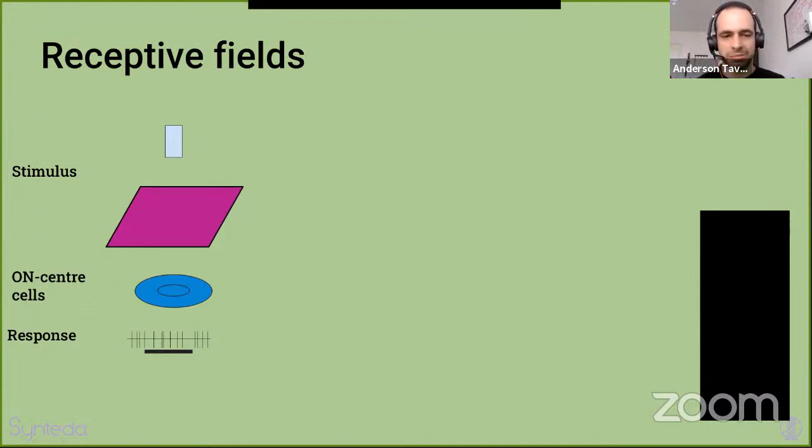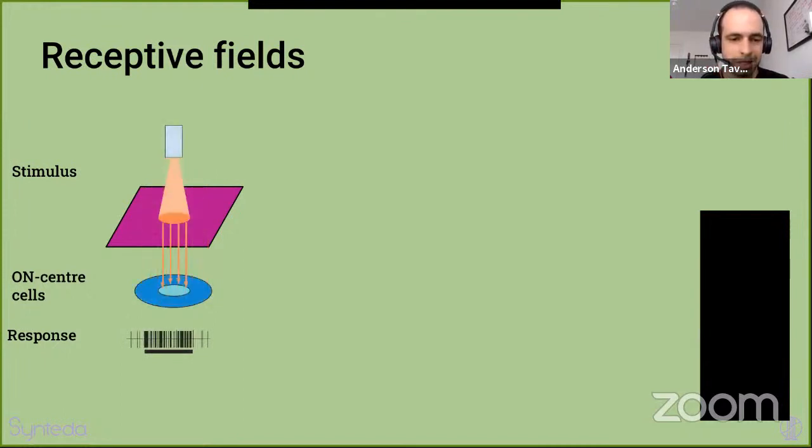It fires signals at a specific rate. We could call it the baseline rate. But if we spot the light on the whole region, the inhibitory region and the center region will cancel out, so it will not affect the firing rate of the cell. It will be the same. If you see, it's kind of the same firing rate.